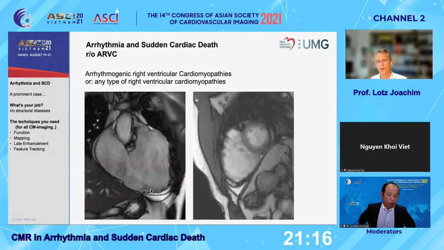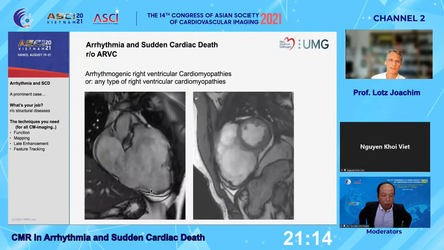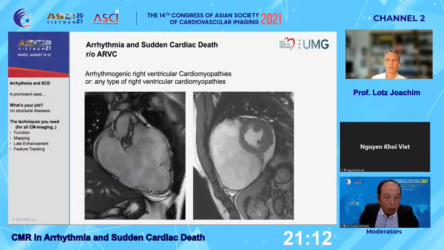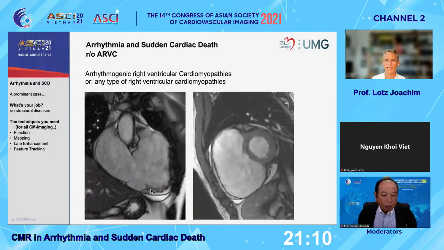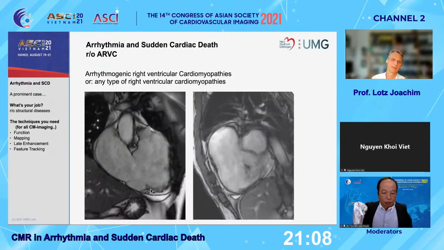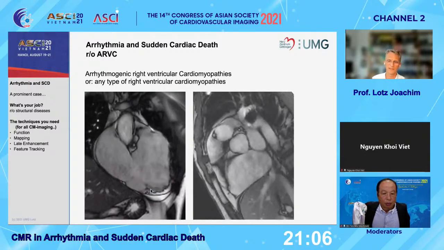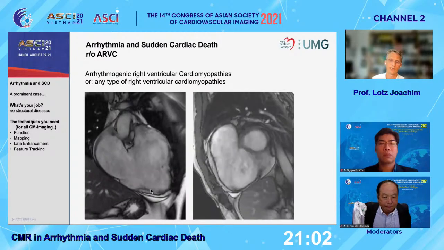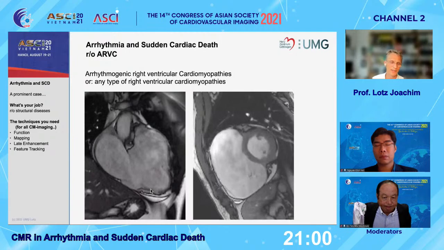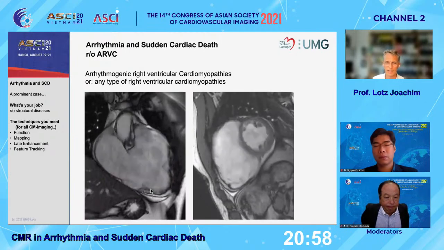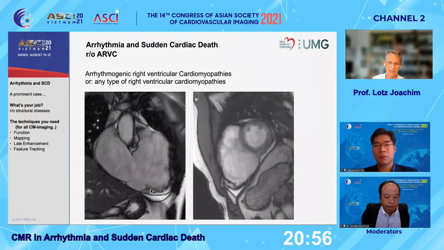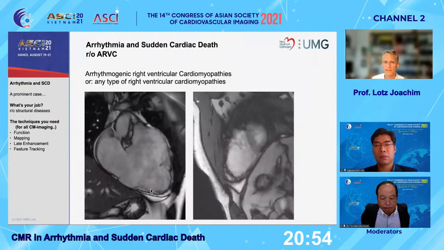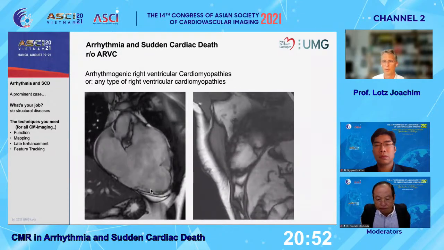Another point we have to look at is the development of an arrhythmogenic right ventricular cardiomyopathy or any other type of right ventricular cardiomyopathy. ARVC is just one out of a huge variety of right ventricular cardiomyopathies with very different genetic bases, subsumed under right ventricular cardiomyopathies.